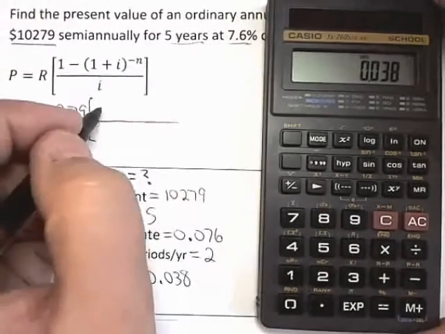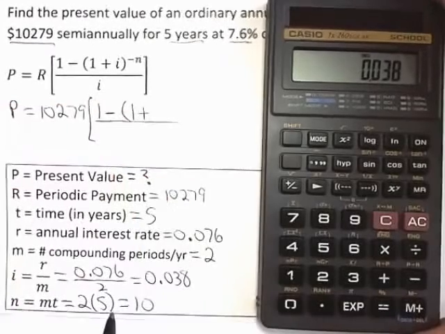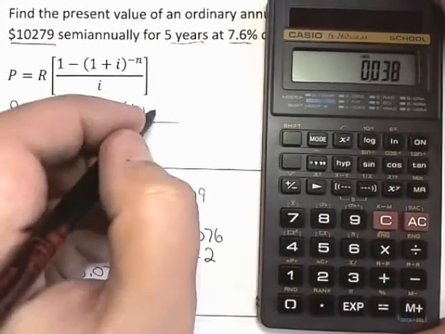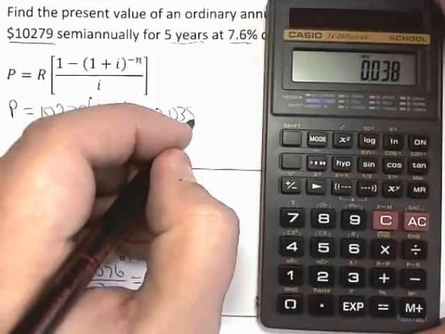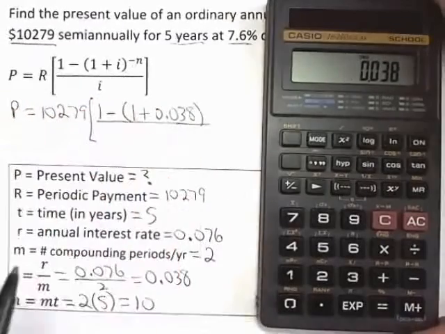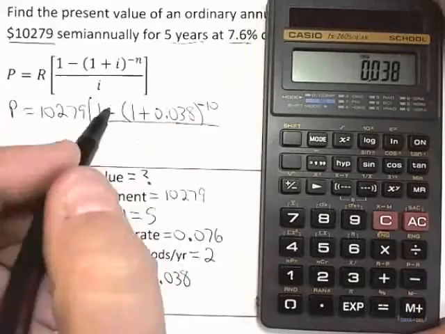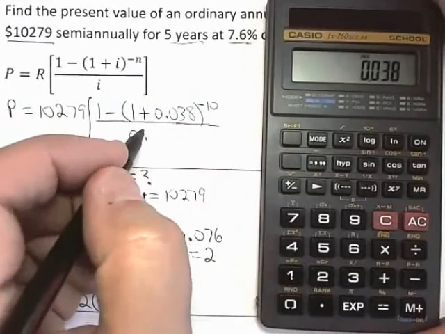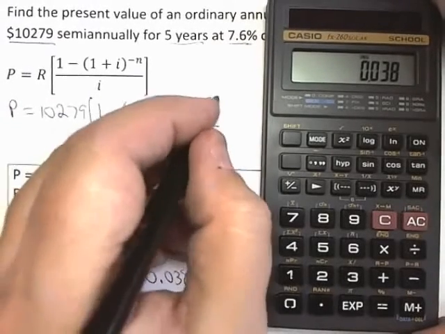The numerator is 1 minus the quantity 1 plus little i, which we've calculated to be 0.038, and that's raised to the negative n power. n is 10, so that'd be negative 10. And then the denominator is little i, 0.038.